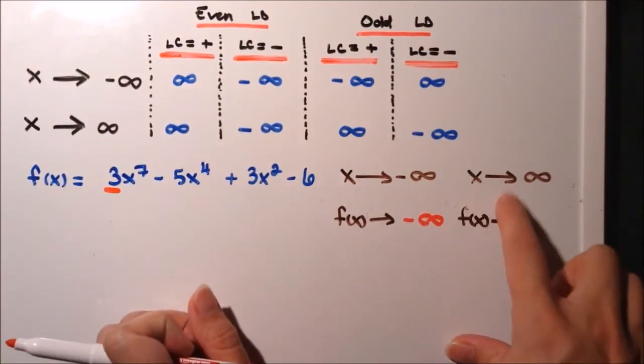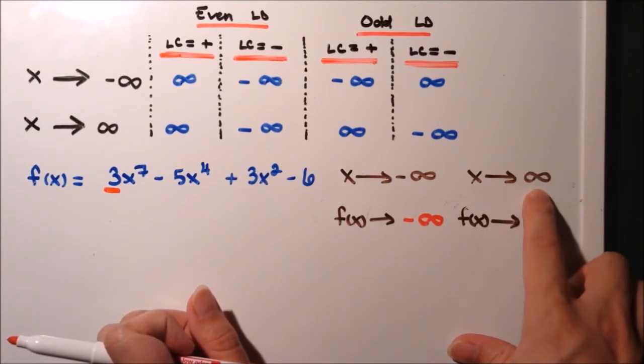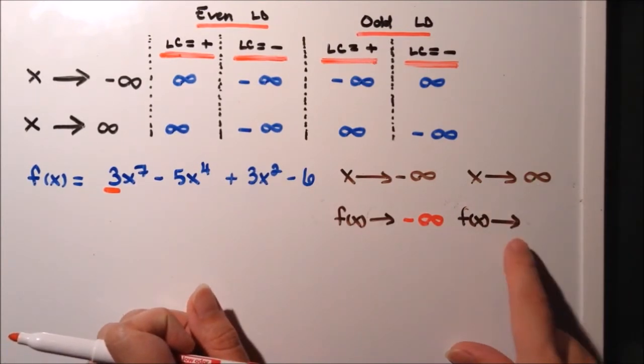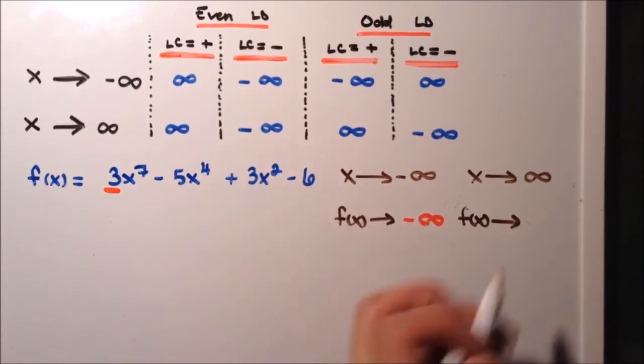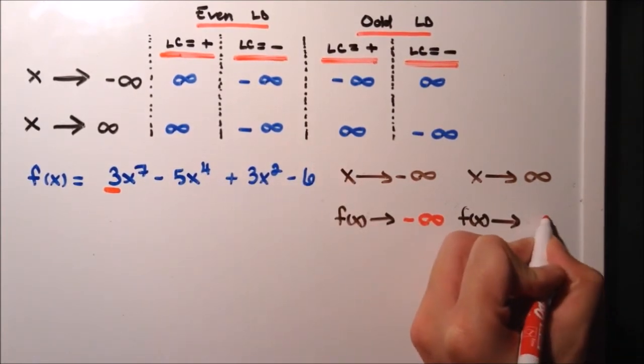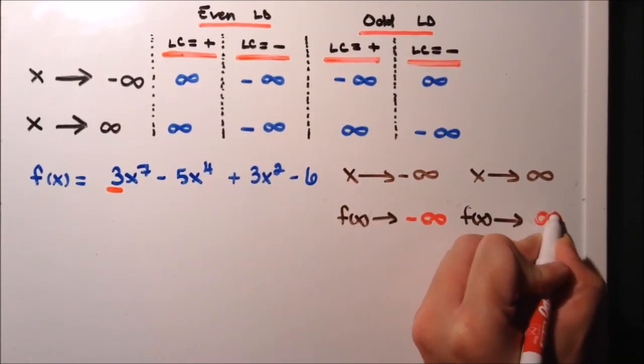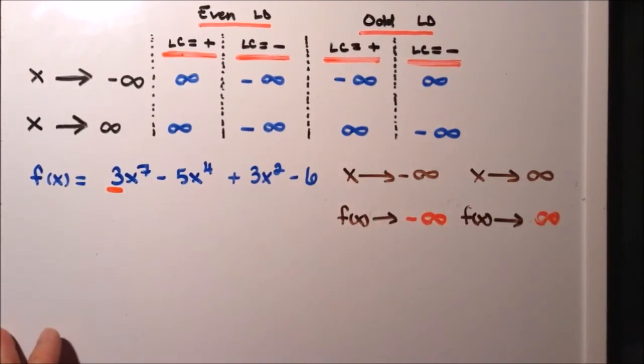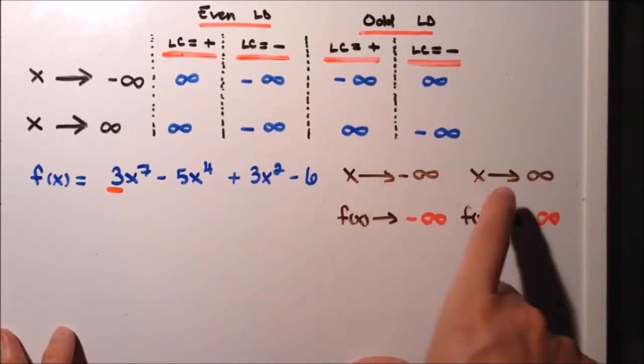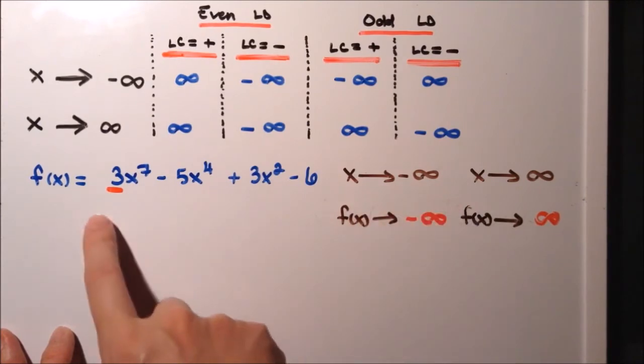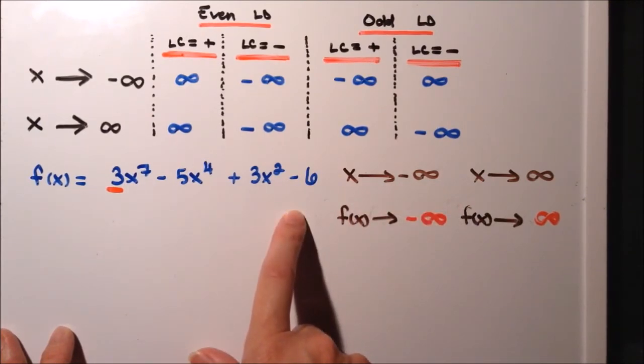Now as x approaches infinity, which is the right side, f of x approaches infinity, or positive infinity. So that's all you have to do when you're given these two questions and a function equation.